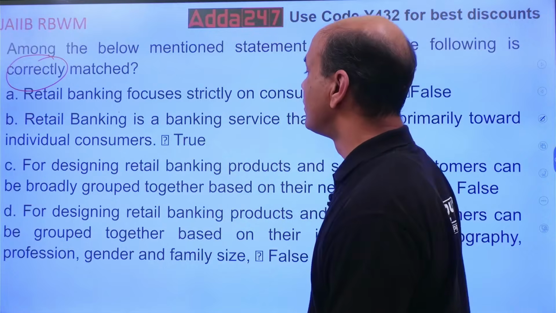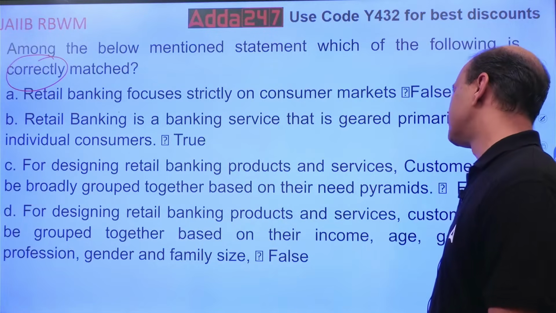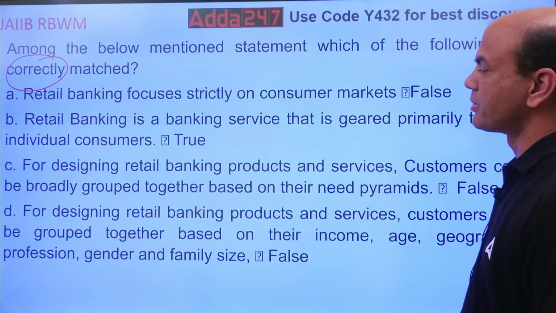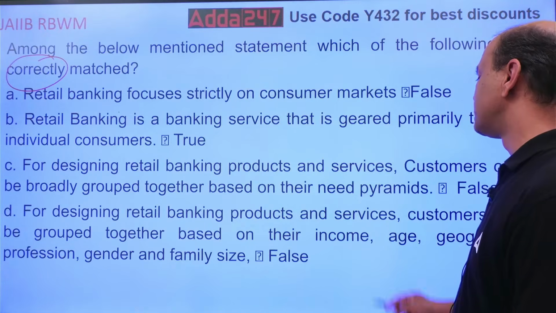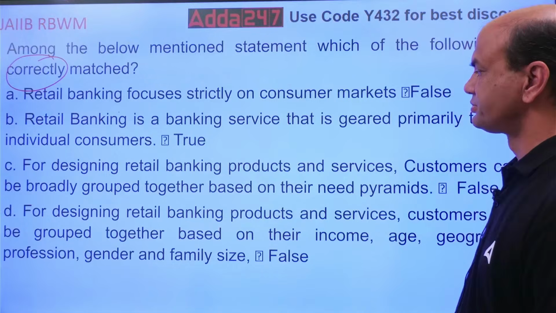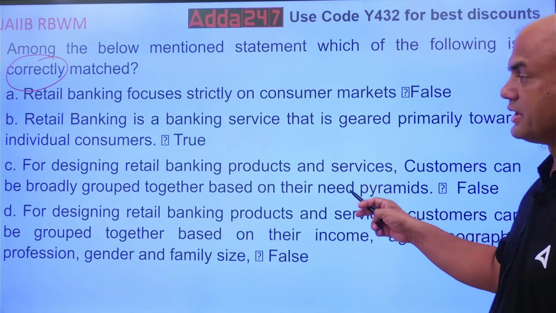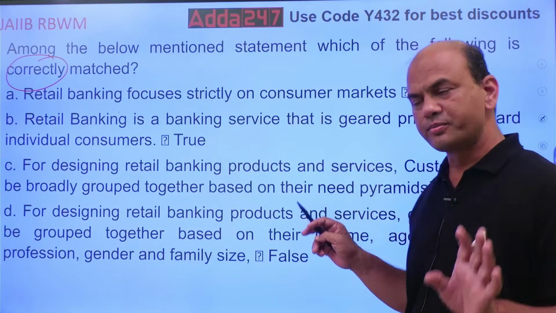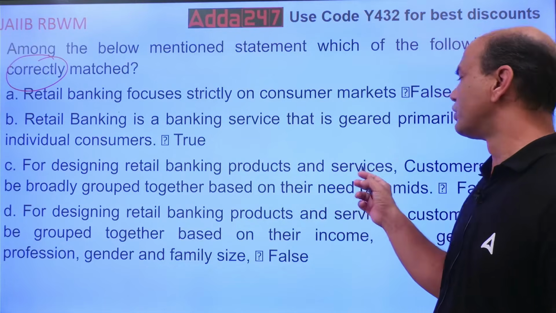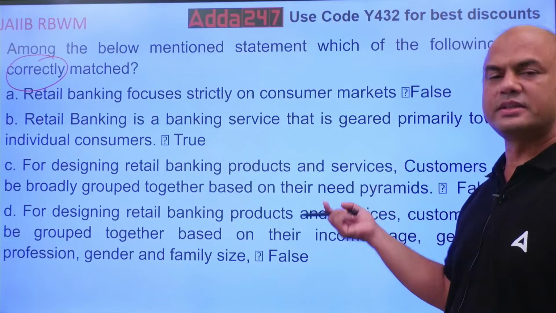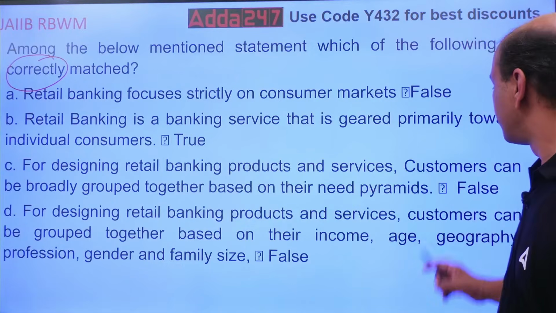For designing retail banking products and services, customers can be broadly grouped together based on their need pyramids. False. Now this statement is true actually. You have to group the customers as per their needs. But here the option is false.